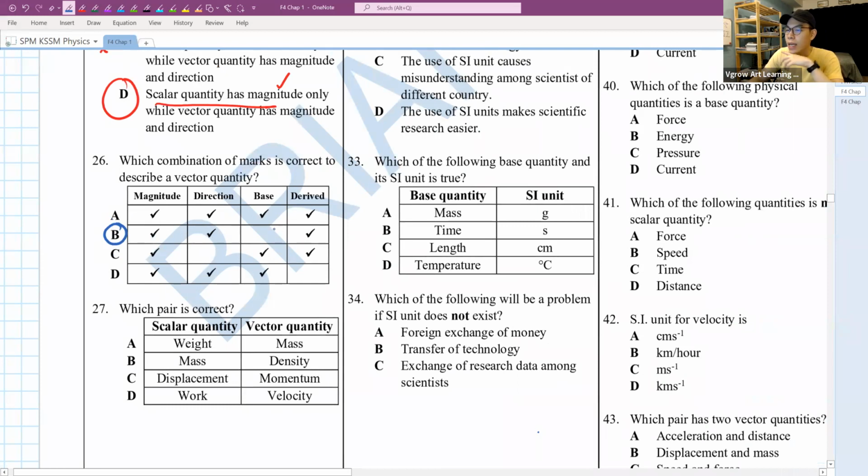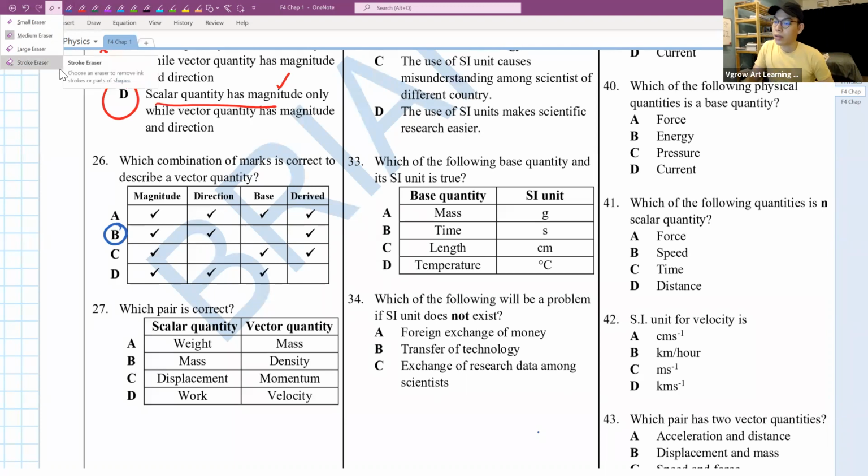Do you think any of the 7 base quantities are vector quantities or not? No, right? None of them are. Like time, length, temperature, all also scalar quantity. All the base quantities are scalar quantities.